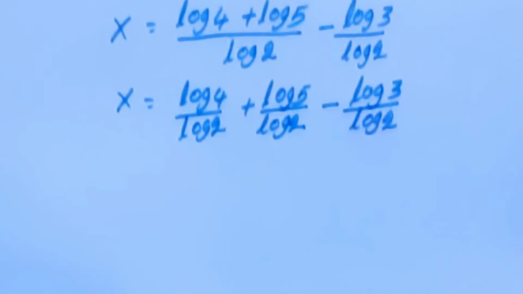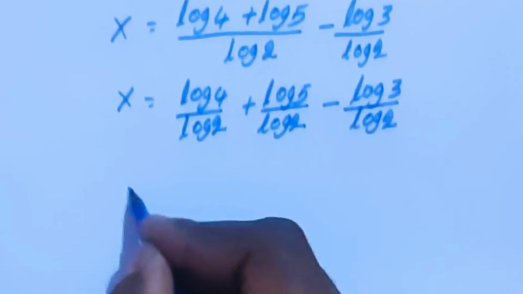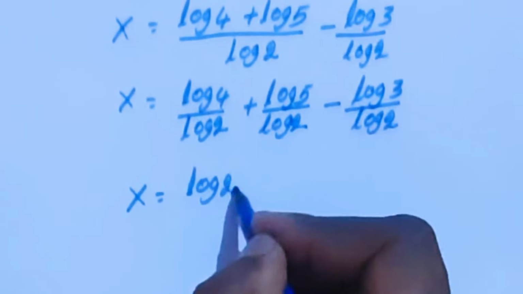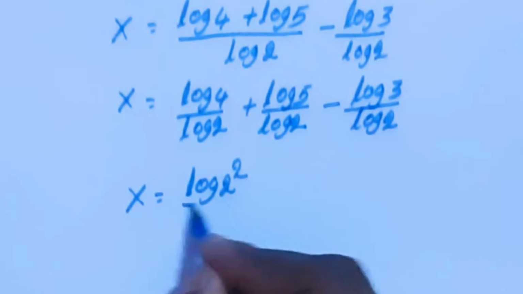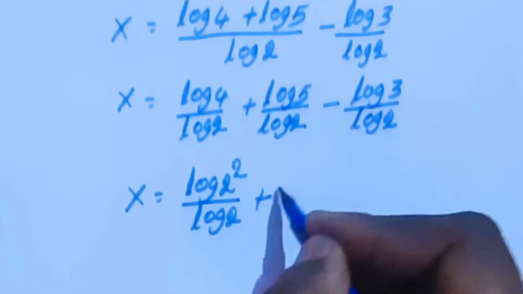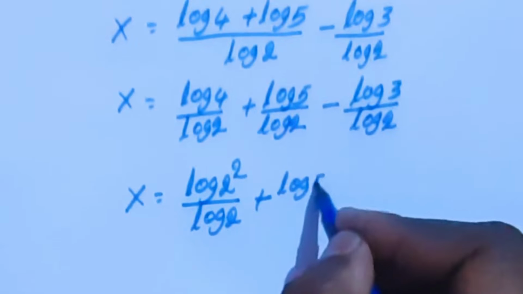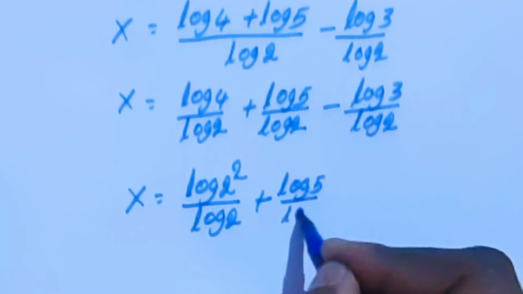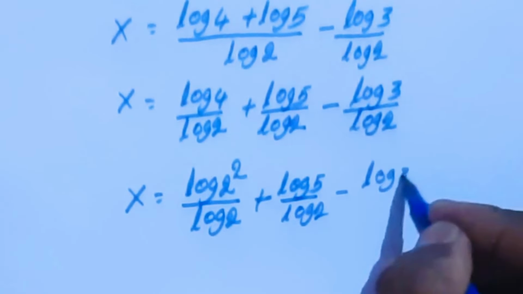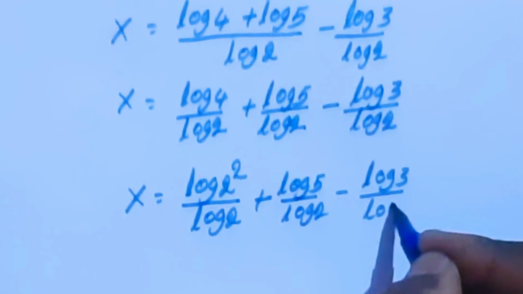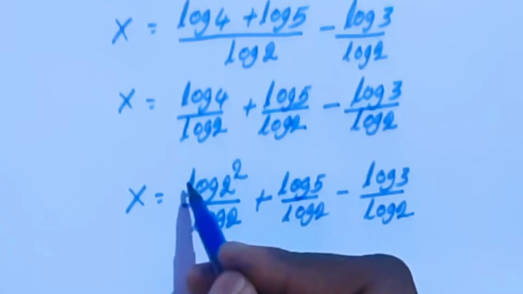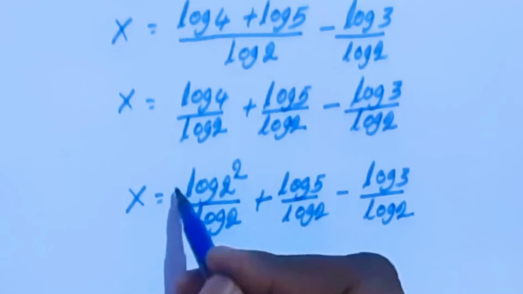Now this 4 can be written as x equal to log 2 power 2 by log 2 plus log 5 by log 2 minus log 3 by log 2. Now we are going to apply log power formula here. So this 2 comes here.